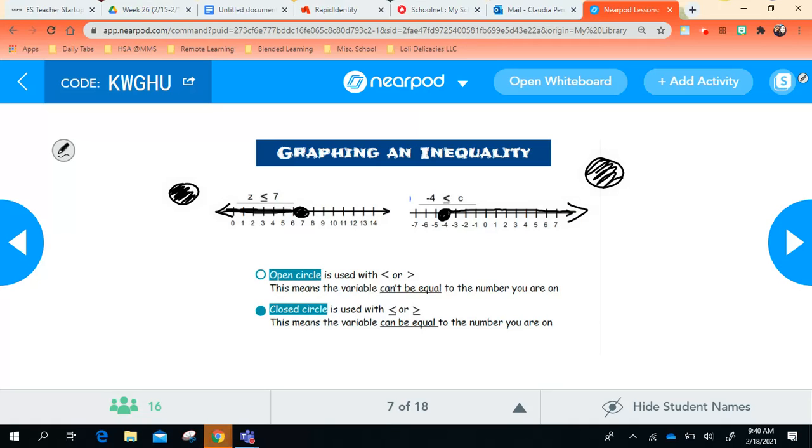You just need to make sure you're rewriting it correctly. One of the things I realized last year is that students didn't understand that what you were graphing is all the things that you could put in place of C. So that graph is representing everything that C could be or Z could be. So when in doubt, figure out a number that would go for the variable and make sure you've shaded the right thing. Yeah, like we did with the last one that we were trying to find the solutions.